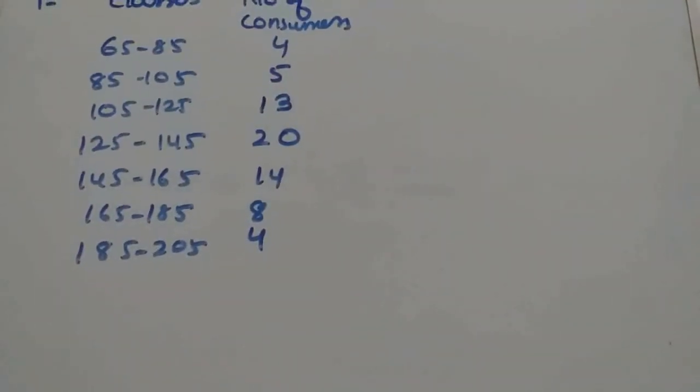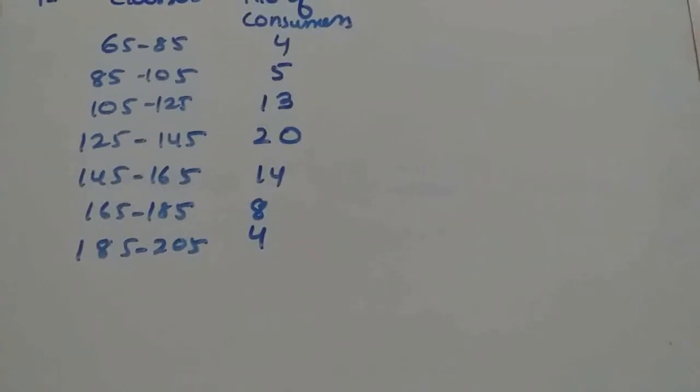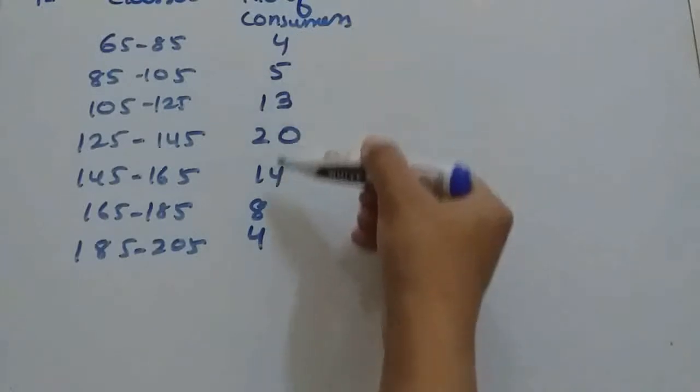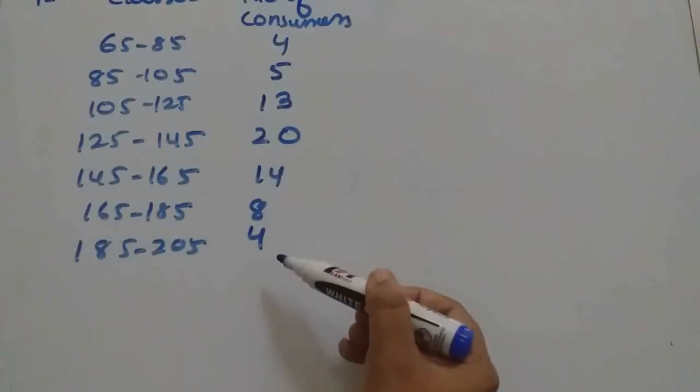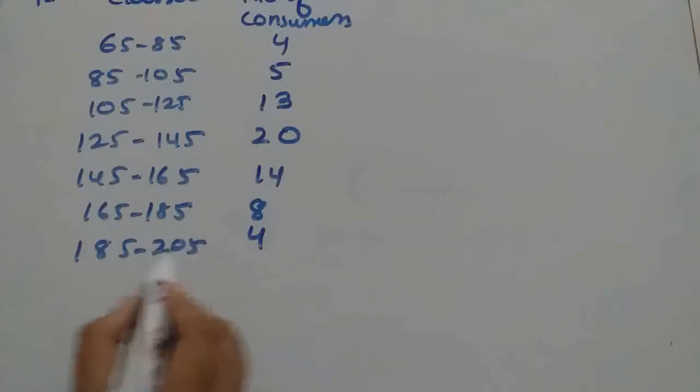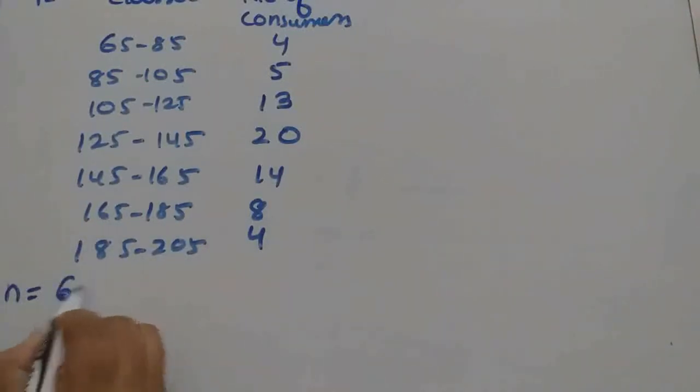So question 1 is given as: the following frequency distribution gives the monthly consumption of electricity of 68 consumers. 68 means the total number of consumers is 68, sigma fi, you can say, or for this particular example n is 68.